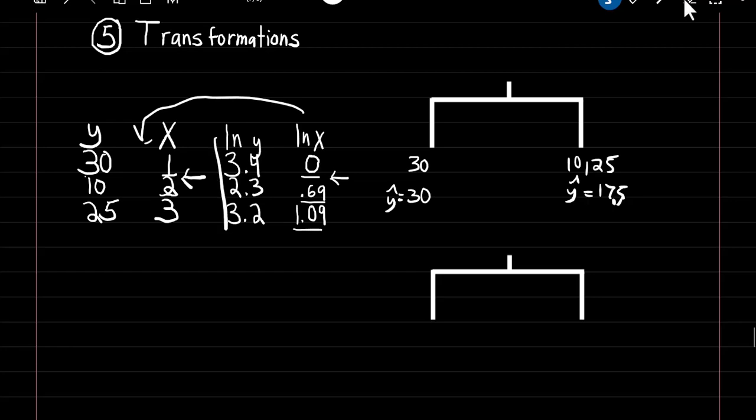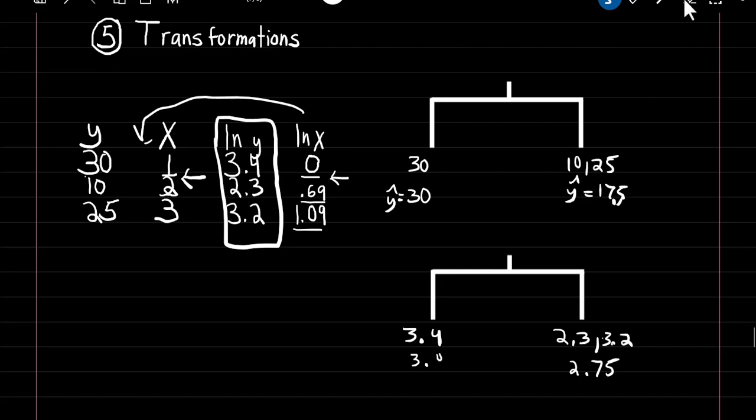So we're going to have values 3.4, 2.3, and 3.2. If we make the same split, we're going to have 3.4 on the left, and then 2.3 and 3.2 on the right. We're going to find the mean on the right. We would get a value of 2.75. And then on the left, our predicted value would be 3.4.